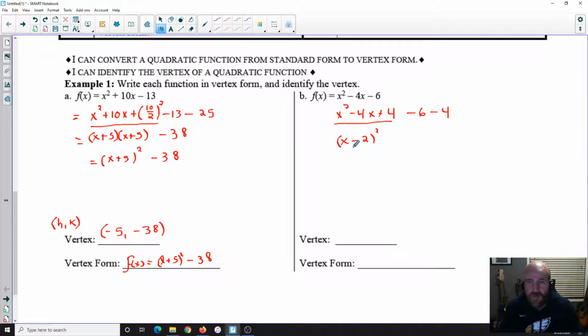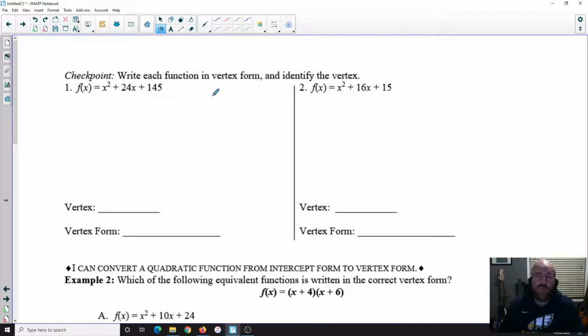Remember, it's always half of b that's inside the quantity squared. Then negative 6 minus 4 is negative 10. So now this is our vertex form. You can write that down here. And then our vertex is a positive 2, because our h is 2. Let me rewrite that. Positive 2 and a negative 10.